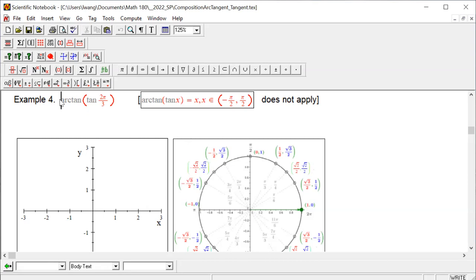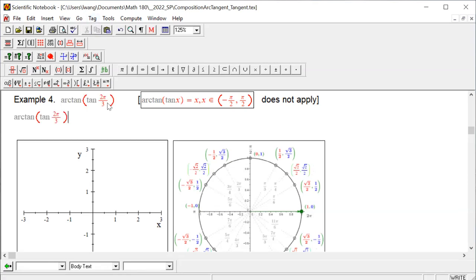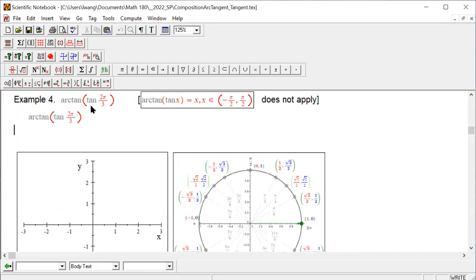Therefore, we're going to deal with this from inside out. So we're going to deal with the first layer. Arctan, we write down outside, and we're going to take care of tangent.